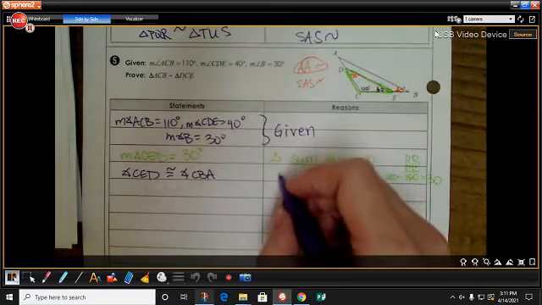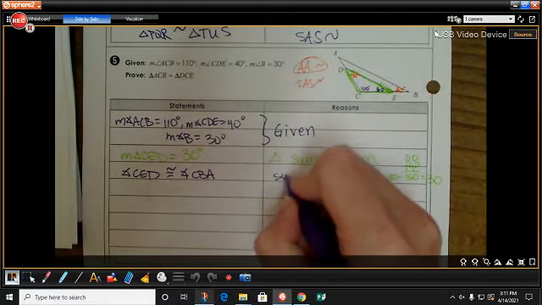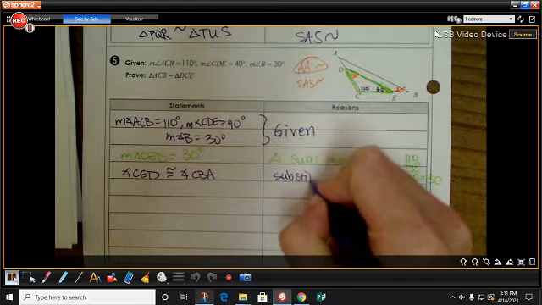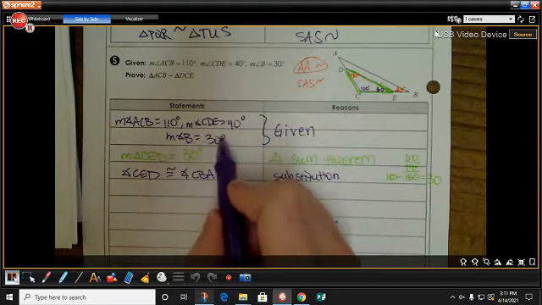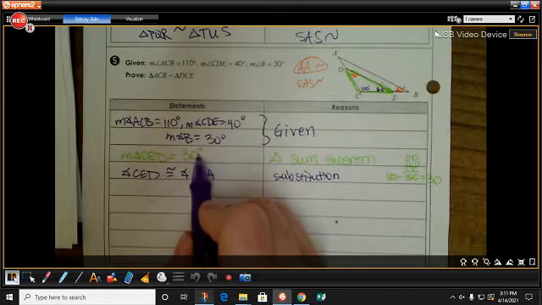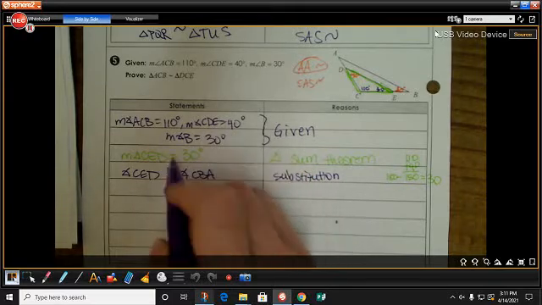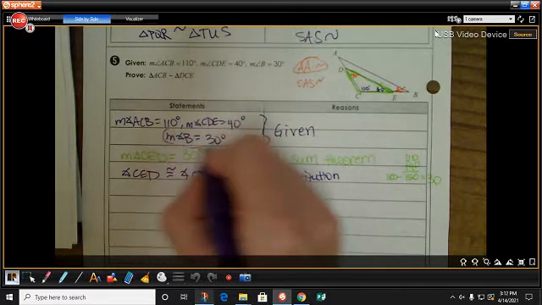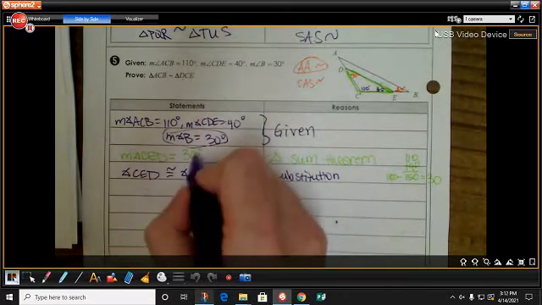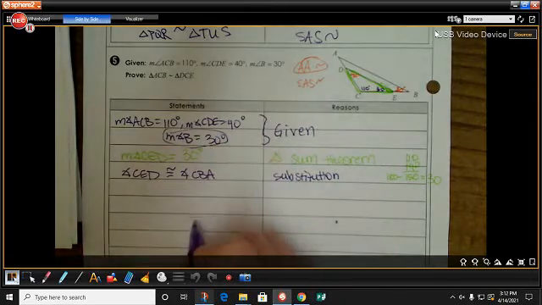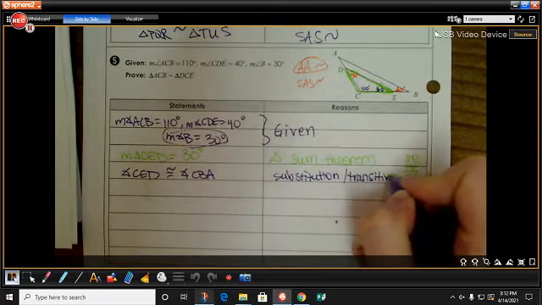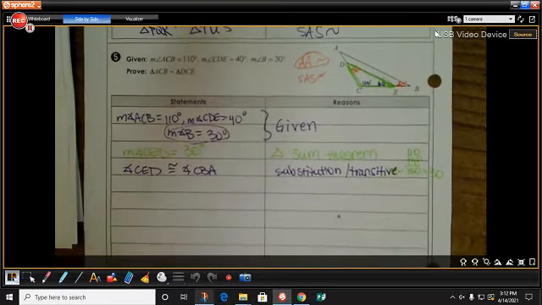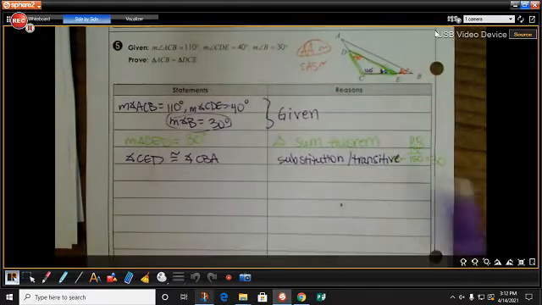And so let's go with substitution. Because here I have one of them equals 30, the other one equals 30. So I had CBA or angle B, that's this guy was 30. This guy was 30. And so they're congruent to each other by substitution or the transitive property. Okay. Then I can look at my picture and go, now wait a minute.